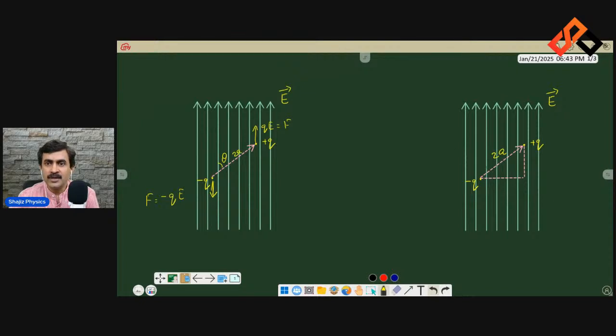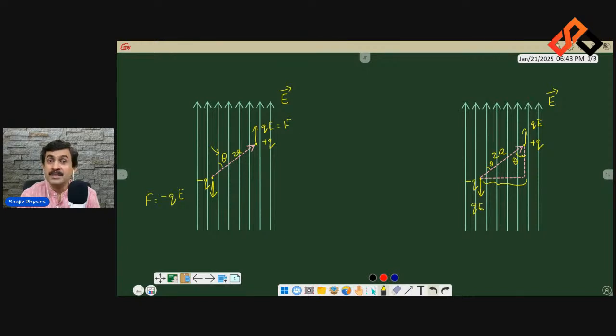Okay, now we know that this angle is theta. It is already defined in the second image. Now, if this is theta, this angle will definitely be theta, alternate angles. Okay, now what is the perpendicular distance between the two forces? The two forces are QE in the upward direction and QE in the downward direction. This is the perpendicular distance.